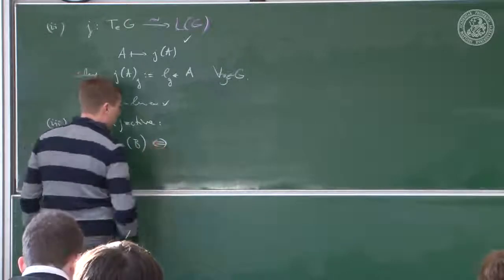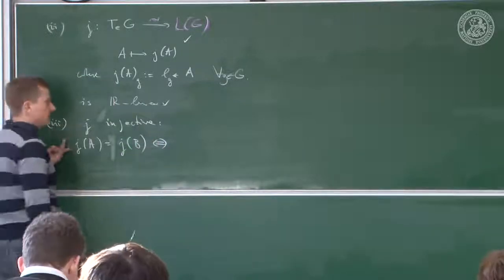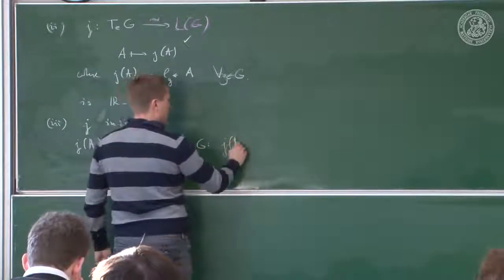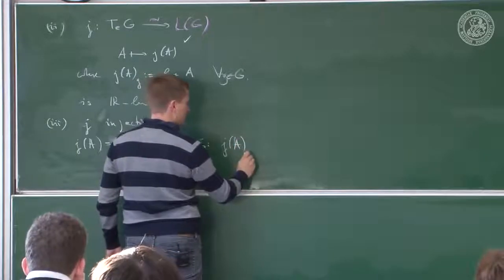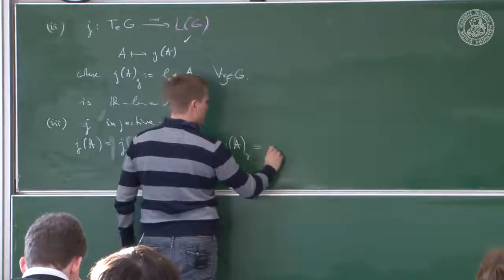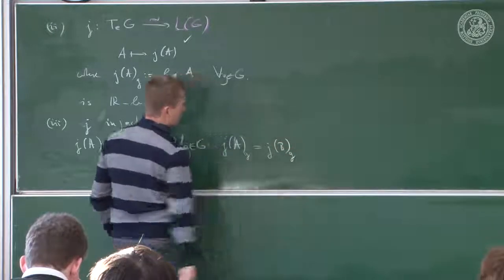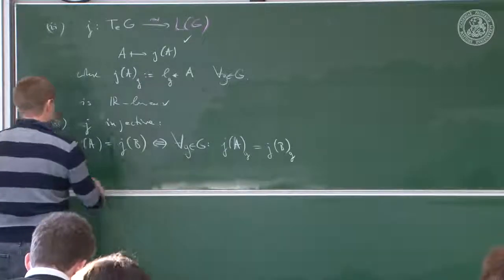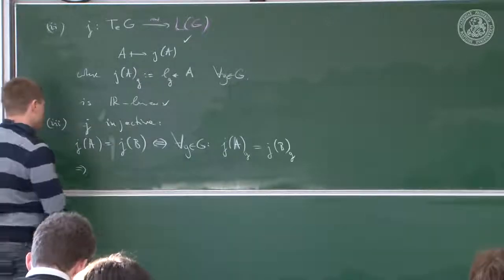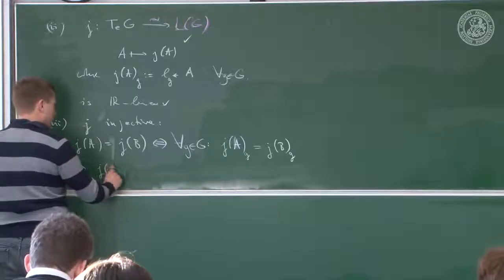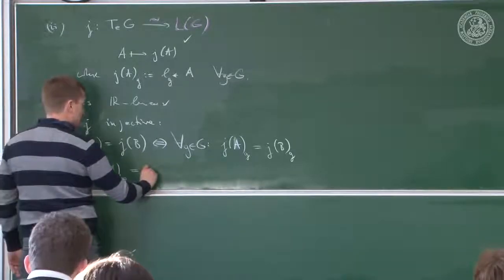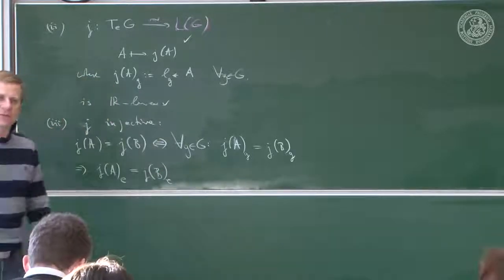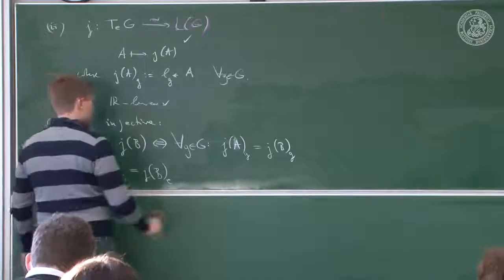So this is an equation of vector fields. That means that at every point of the manifold, evaluating the vector field J of A at point G must yield the same result as evaluating the vector field J of B at G. That's clear. But it then follows, and that's enough, that J of A at the identity is J of B at the identity. If it's true everywhere, it's in particular true at the identity.